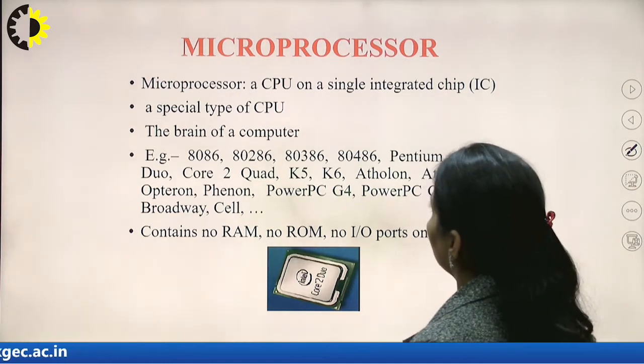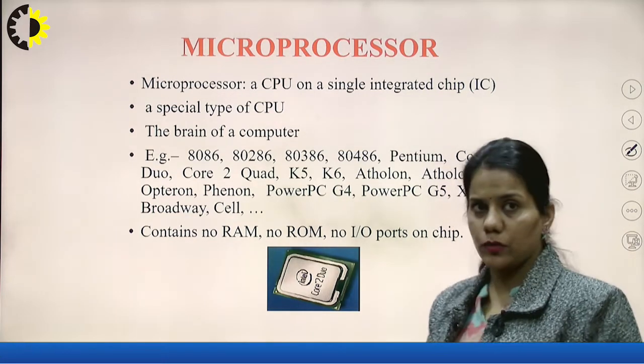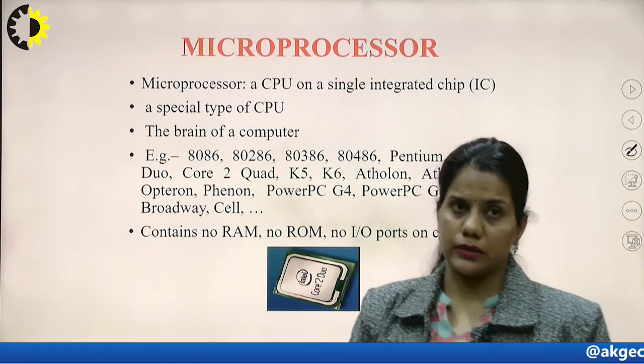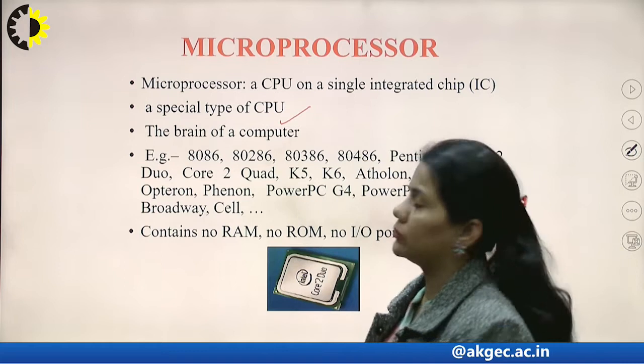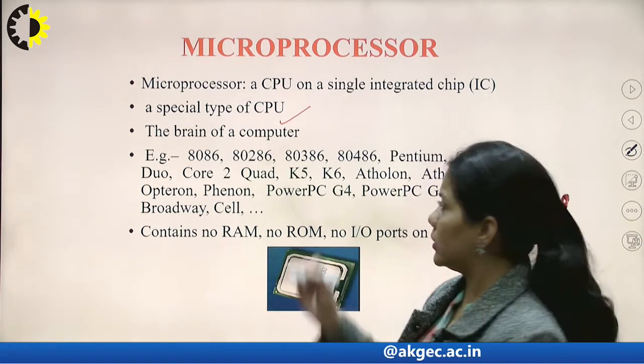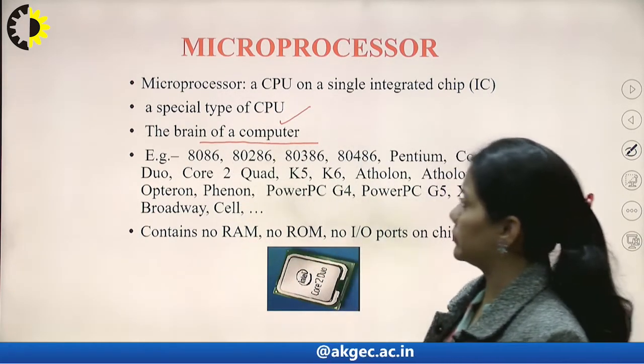So we can say a microprocessor is a CPU on a single integrated chip, a special type of CPU, or we can call it the brain of the computer.